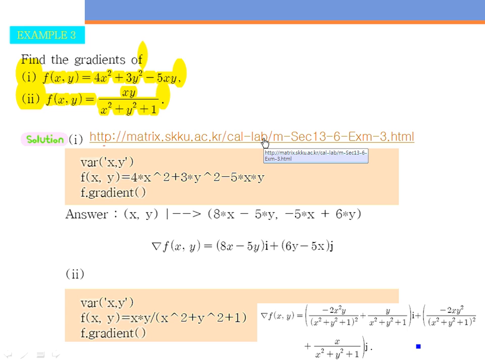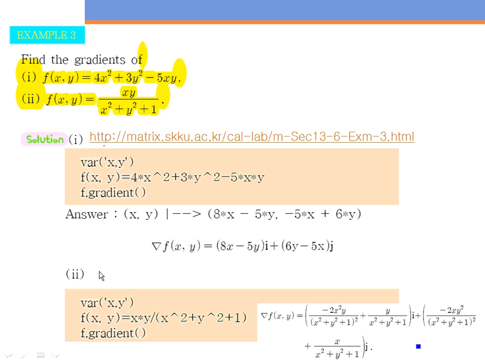Then, we can easily define a function of the variables x, y, f of x, y as this function, and find the gradient. Then, this is a partial derivative of f with respect to x, and this is a partial derivative of f with respect to y. So it's a vector.